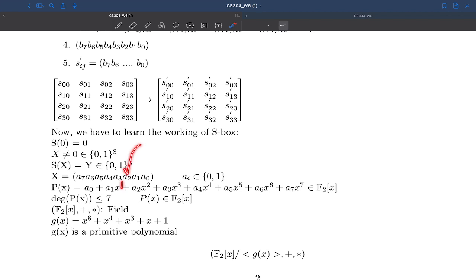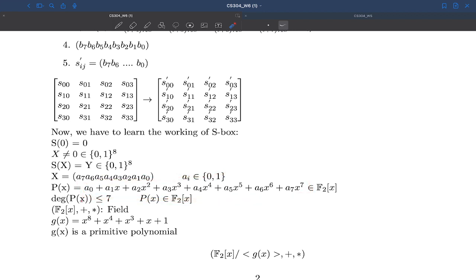Take the bit at index 2 and make it the coefficient of x squared. So the bit at the ith index is taken as the coefficient of the x^i term in my polynomial. If I do this, I will get a polynomial.